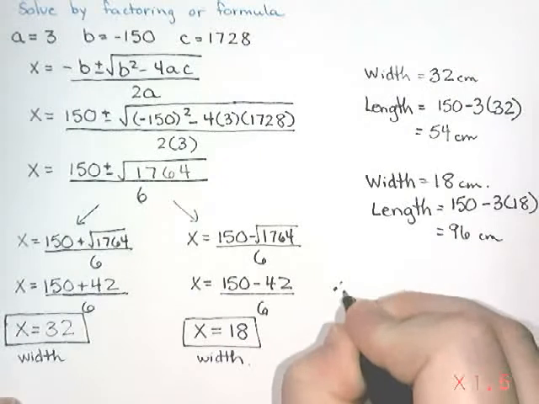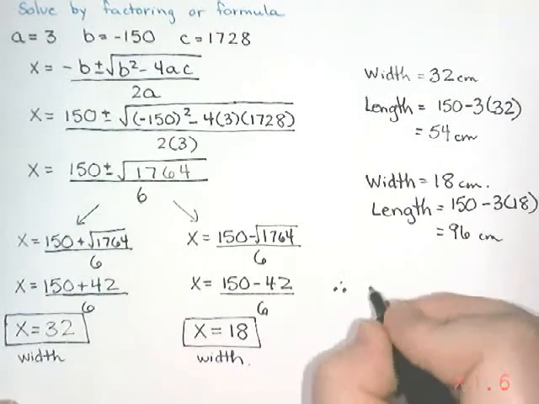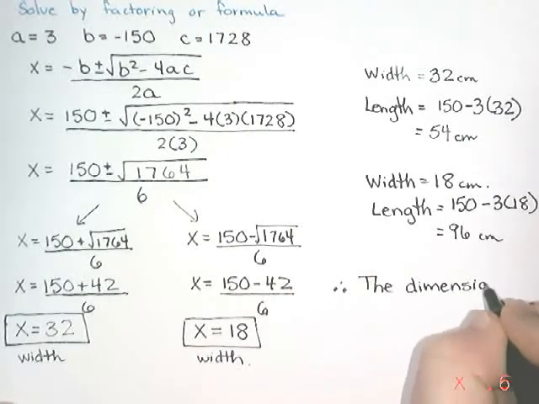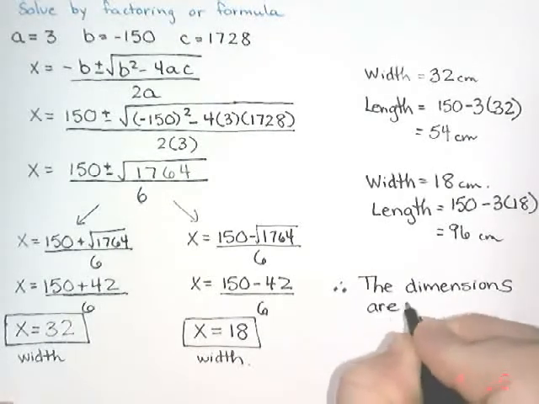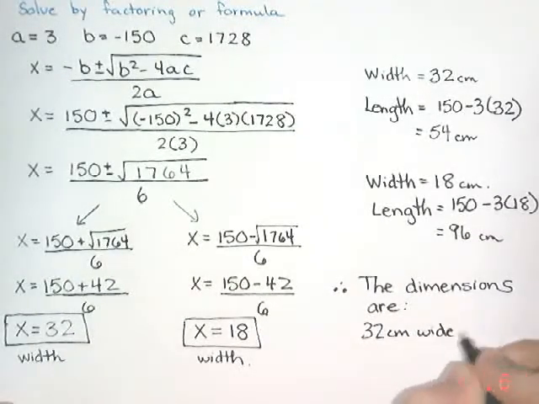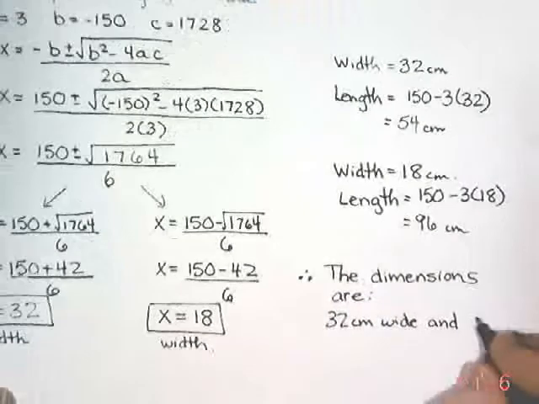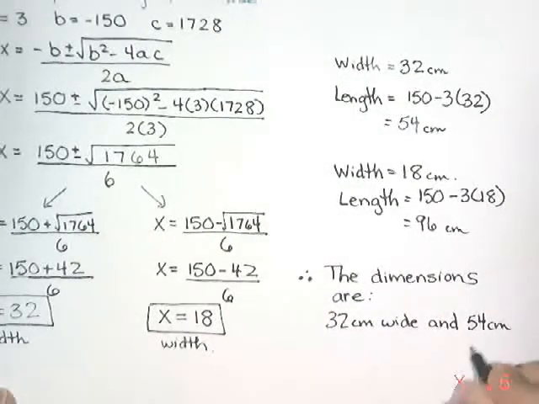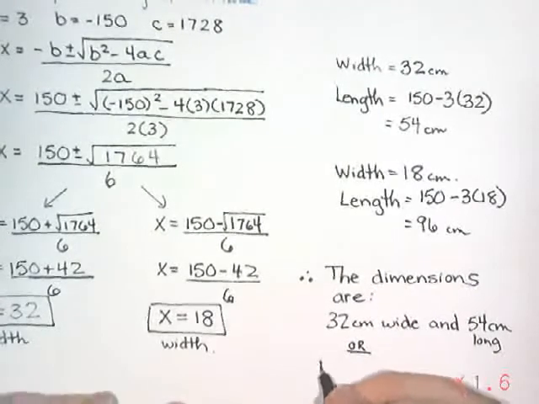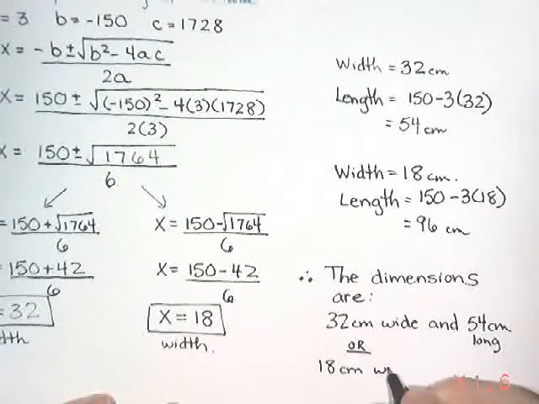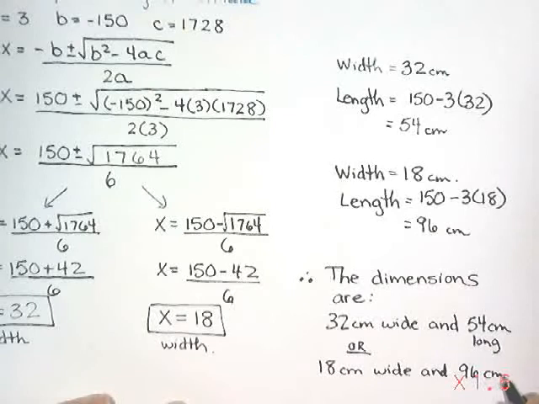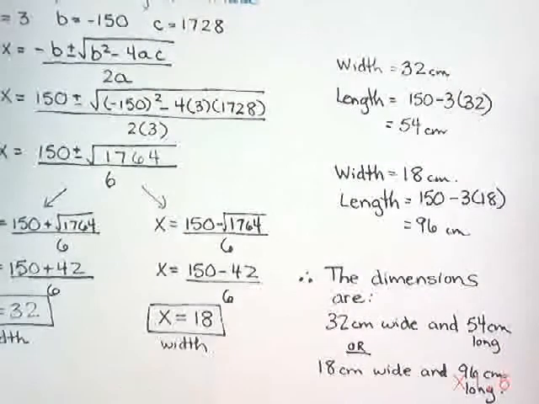So therefore, the dimensions are 32 centimeters wide and 54 centimeters long, or there's actually two ways to do it, 18 centimeters wide and 96 centimeters long. And there we have it.